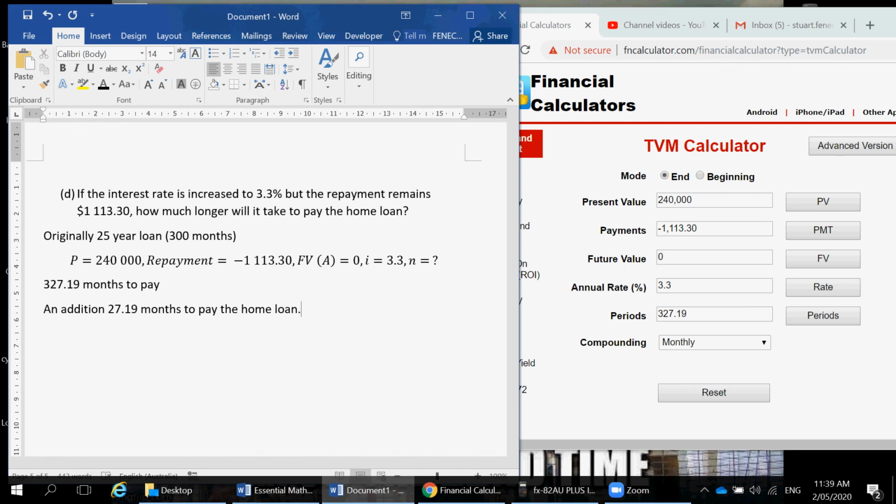Now, it's just over 27, so you could say 28, because it's going to take just more than 27, so it's going to go into the 28th month. You could well convert that to years. 2 years will be 24 months, so it's 2 years and 4 months.